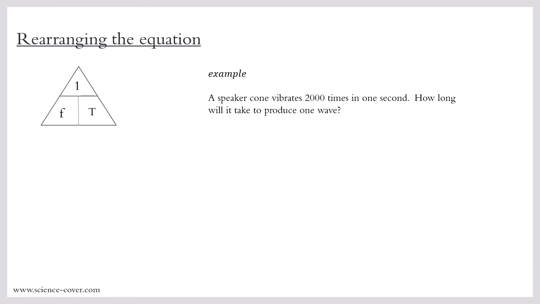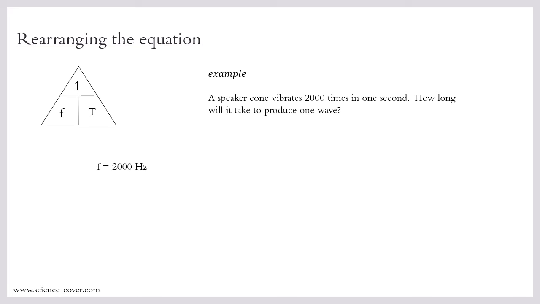Let's look at an example. A speaker cone vibrates 2,000 times in 1 second. How long will it take to produce one wave? Well, the frequency of the cone is 2,000 Hz, as it's producing 2,000 waves in 1 second.